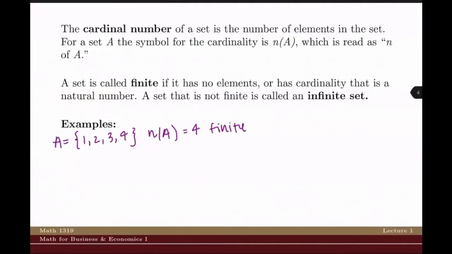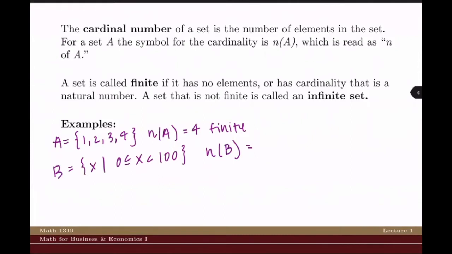We could also think about if you have a set, let's call it B, and it's equal to x such that 0 is less than or equal to x is less than 100. Okay? How many elements are in B? Well, we'll start at the number 0 and we go all the way to 99 since we're not going to include 100.